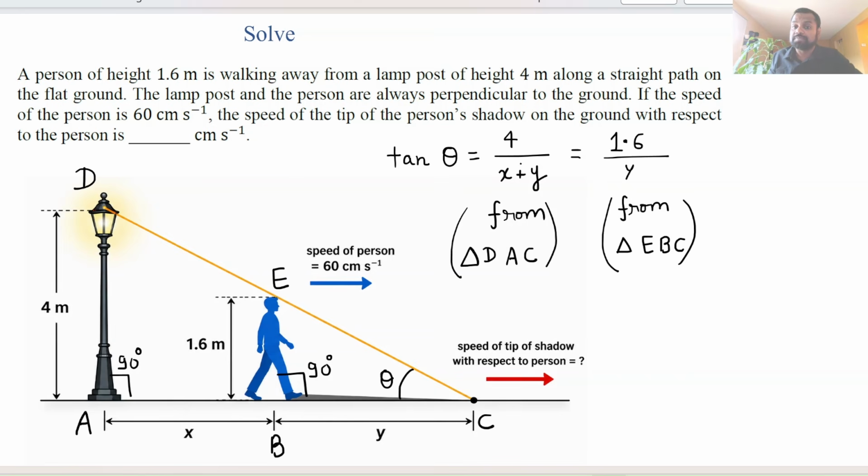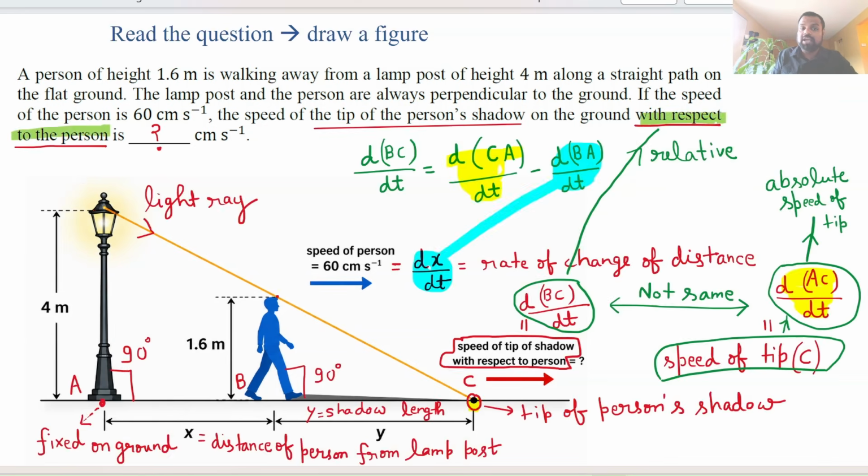So here let me be consistent the way I write y. 4 by x plus y equal to 1.6 by y. And now go back again, the rate speed of tip of shadow with respect to person is dBC by dt. That is what the question is asking.